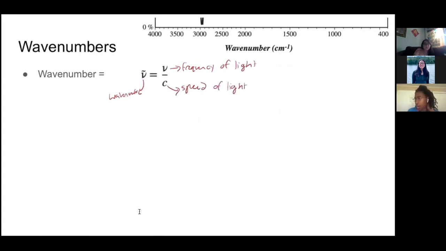The units are 1 over cm, like that. And what's important to know is that wave numbers are directly proportional to frequency. So a larger wave number represents a greater frequency of light absorbed by the product than a smaller wave number.